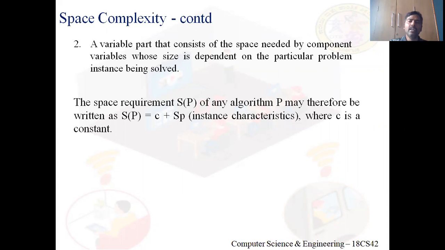If in my first run the array contains 10 elements, then SP is 10. In the next run with 50 elements, SP is 50. In the third case with 100 elements, SP is 100. So in general, the space requirement is S(P) equals C plus SP.